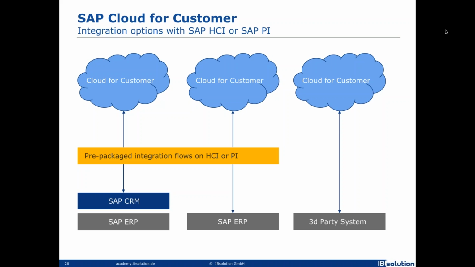Basically, SAP claims that for Cloud for Customer, they have SOAP web services for each and every business object available, and they have also introduced support for OData services, which allows you to develop your custom HANA Cloud Platform applications and easily connect them to Cloud for Customer. So using open APIs, you can also integrate with Cloud for Customer even if you don't have HCI or PI.